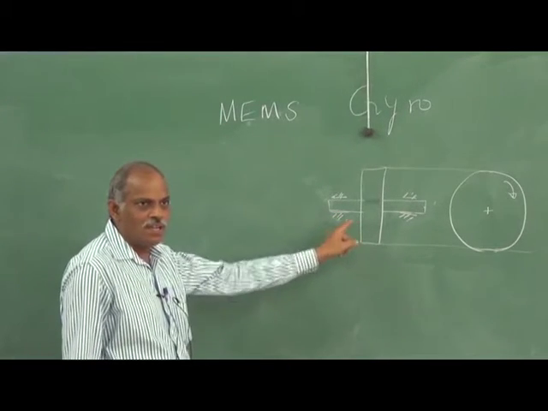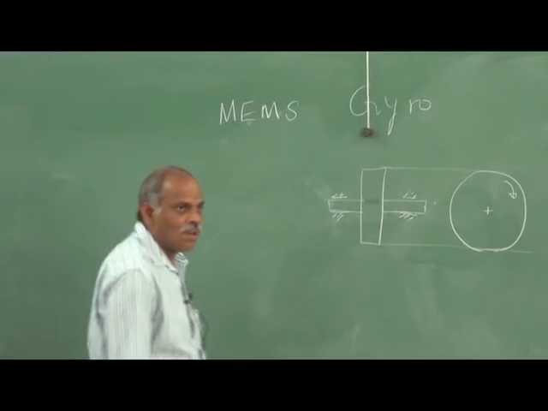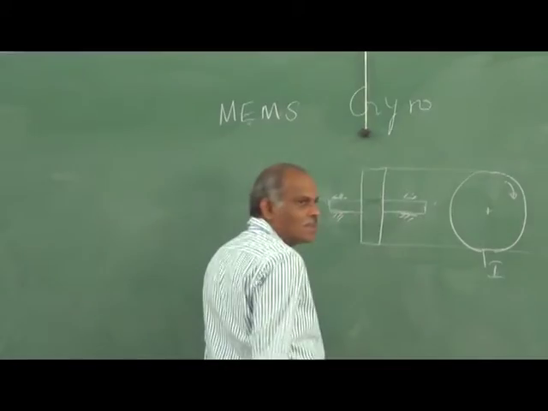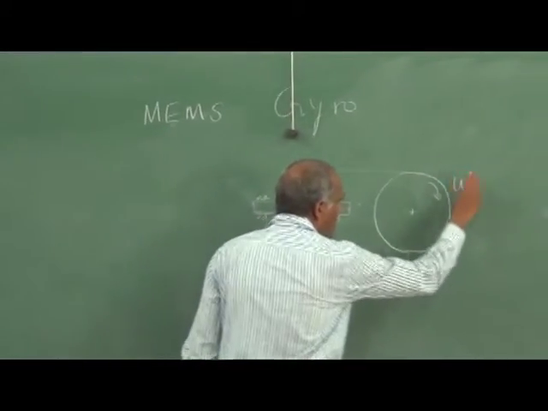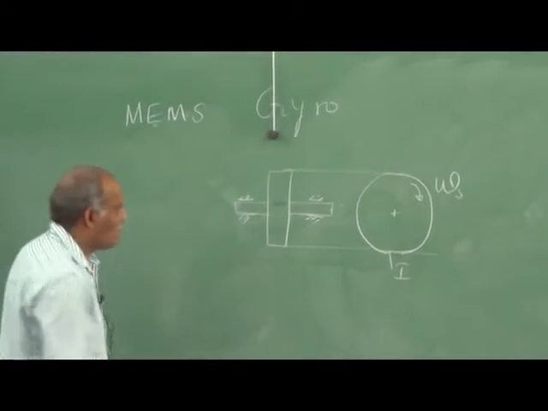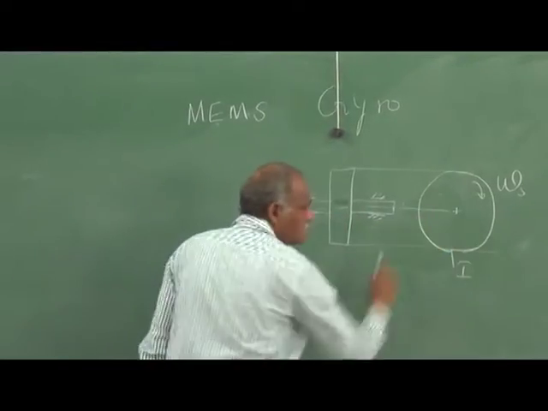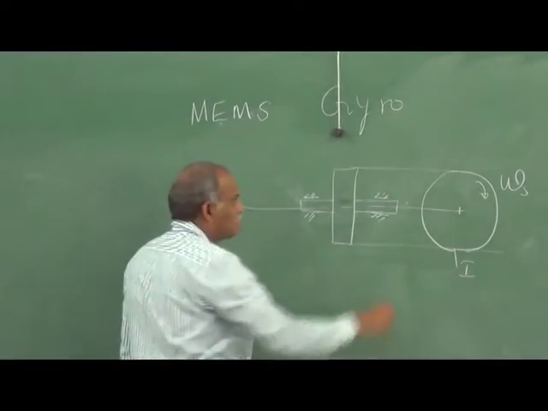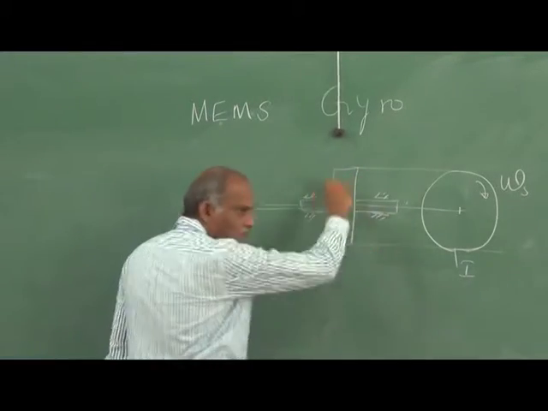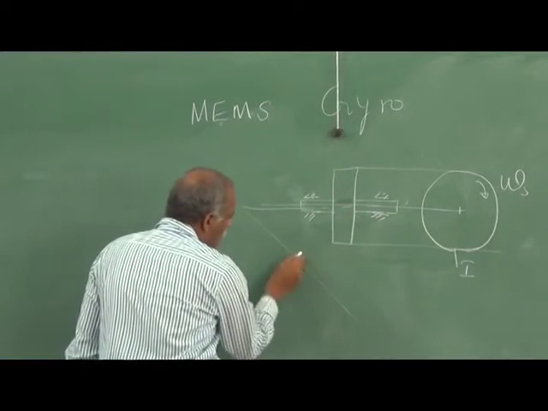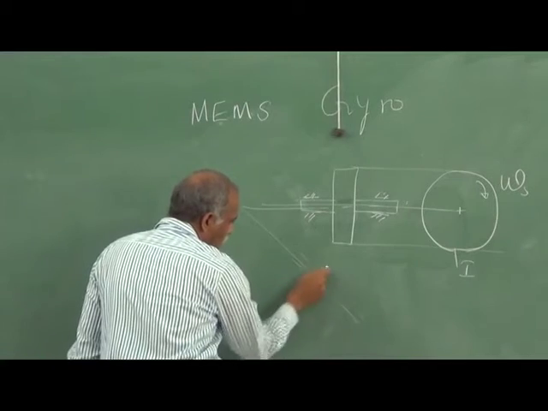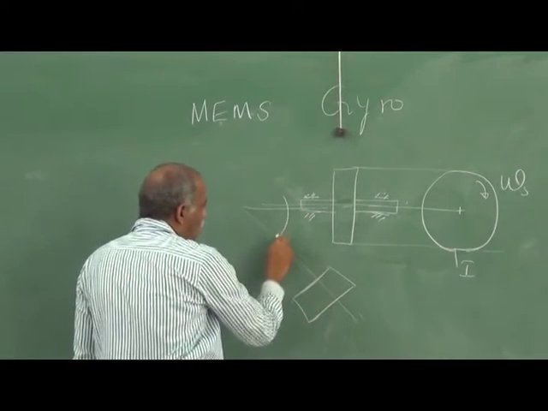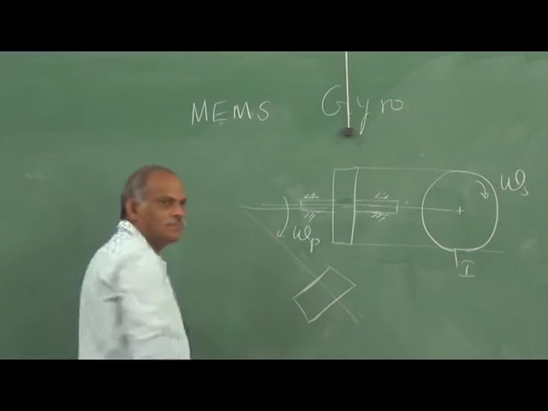So a spinning disc which has a moment of inertia I and is rotating with an angular velocity of omega s. If this axis of spin itself is rotated like this, it occupies a new position later, at an angular velocity of omega p.